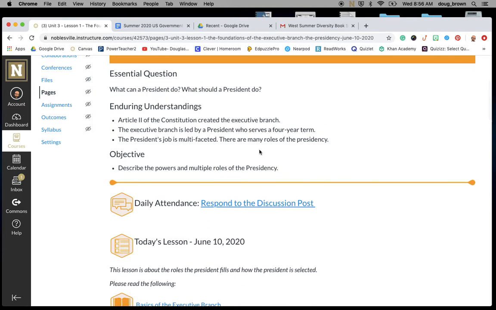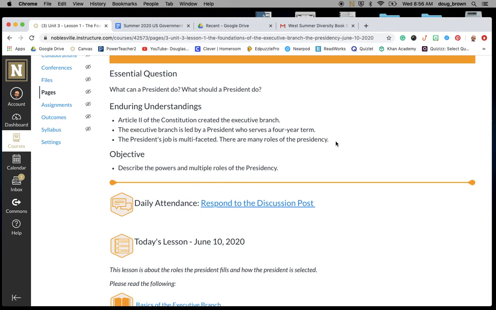Okay? So, Article 2 of the Constitution created this executive branch, and it created a singular person to be the leader or the chief of that branch, the chief executive, the President of the United States. The executive branch is led by that president, who serves a 4-year term.